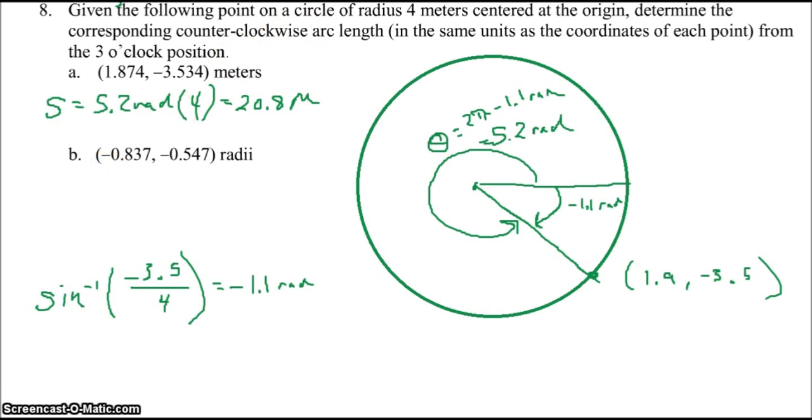We can probably do something similar with this point. Both coordinates are negative, so we're over here somewhere. This is negative 0.8, negative 0.5. And so, what should we do here?